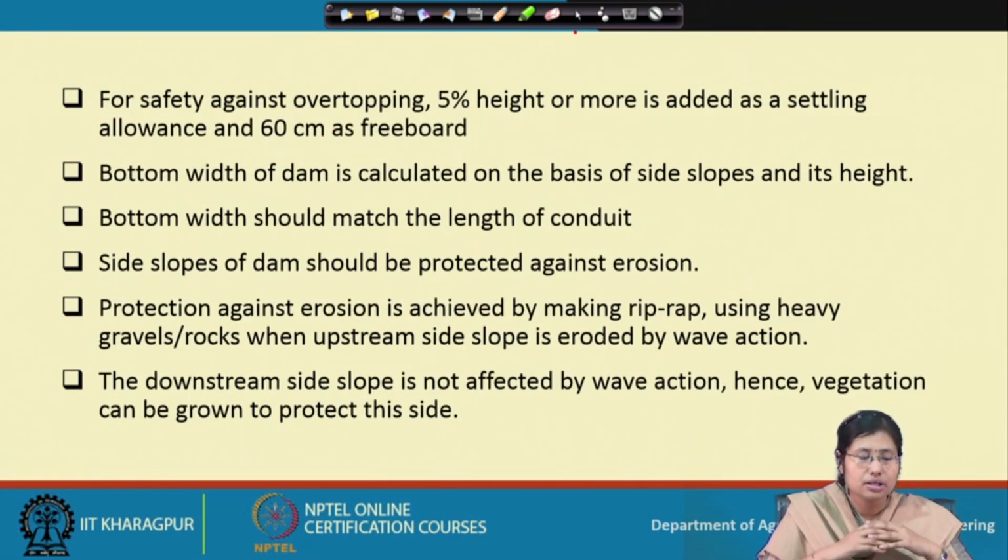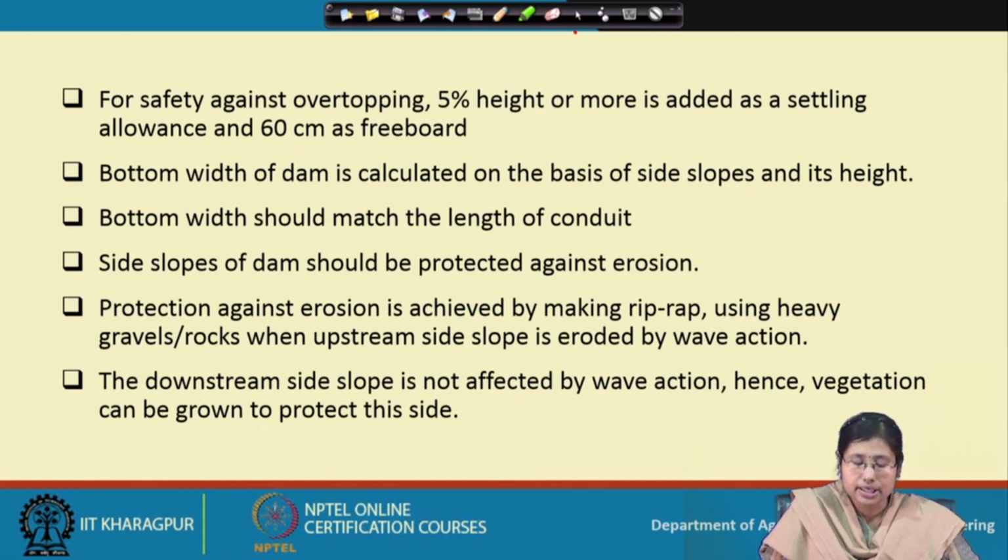Now, to combat the safety against overtopping, 5% more height should be added as a settling allowance, and 60 centimeter should be kept as a freeboard. The bottom width of the dam is calculated on the basis of side slopes and its height. The bottom width should match the length of the conduit, and the side slope of the dam should be protected against erosion.